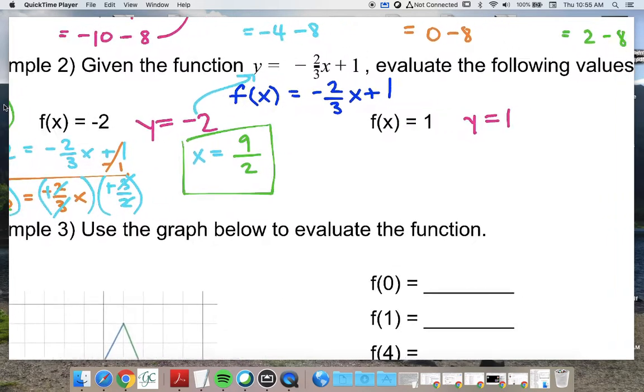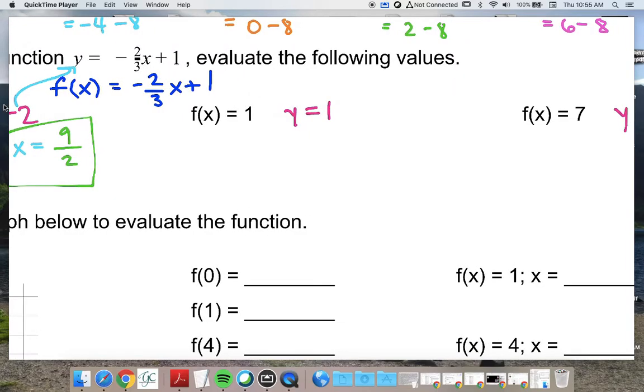So let's try that again, this time with y equals 1. So we're going to have 1 equals negative 2/3 x plus 1. And again, we're going to solve for x. So we're going to subtract 1 from both sides. And that leaves us with 0 equals negative 2/3 x.